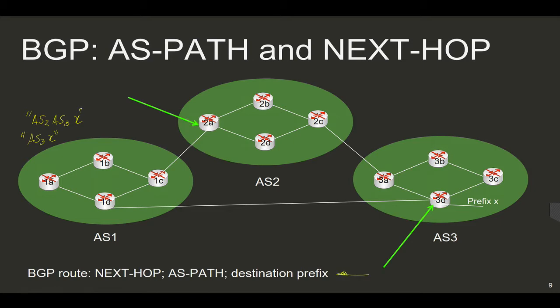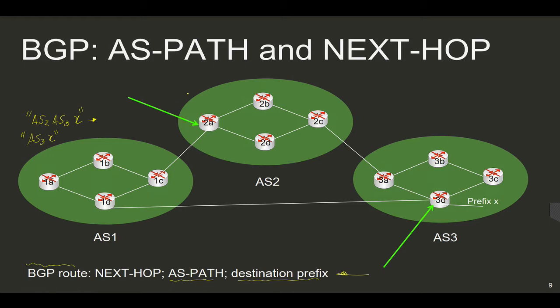And the message of this nature means that AS1 actually knows how to use any of these routes towards the destination. So a BGP route is going to be created by the next hop along with the autonomous system path along with the destination prefix.